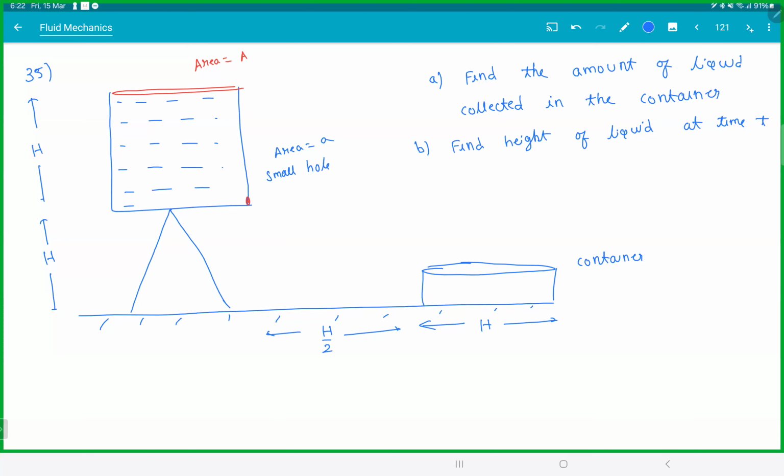Get the second part also. Means how they'll ask you, find the ratio of time taken to empty the first half of the tank and the second half of the tank. Aryan, how did you get pi h cube? Volume of a cylinder is what?